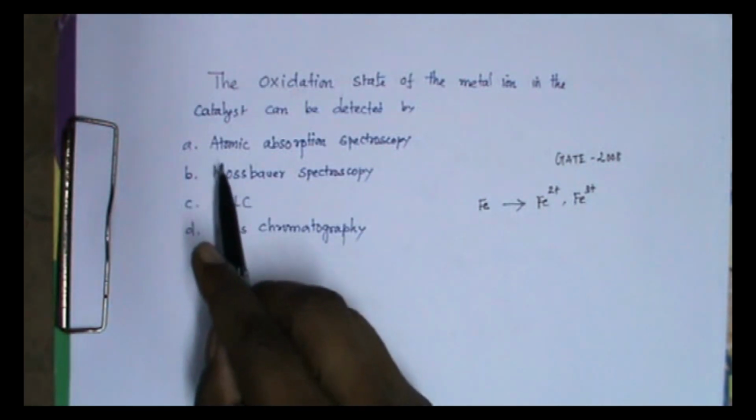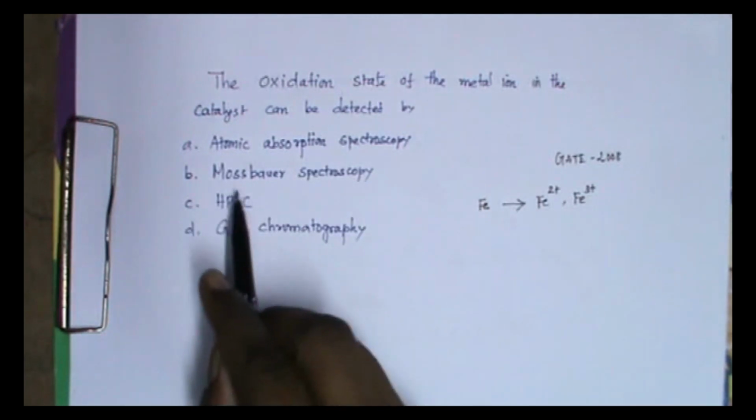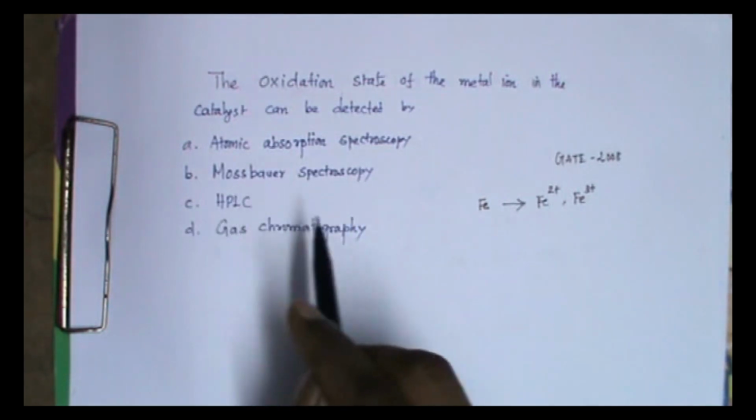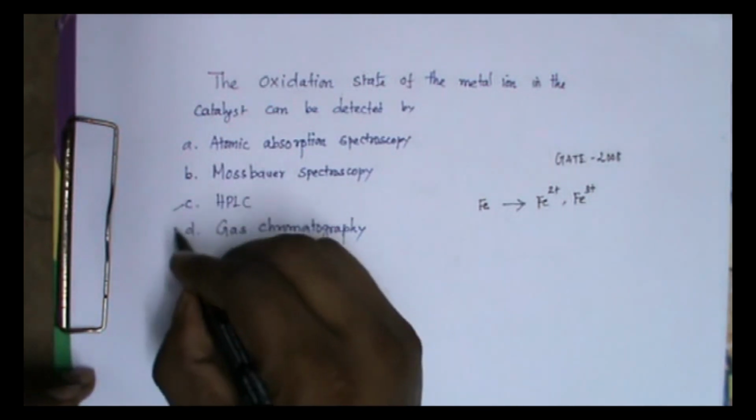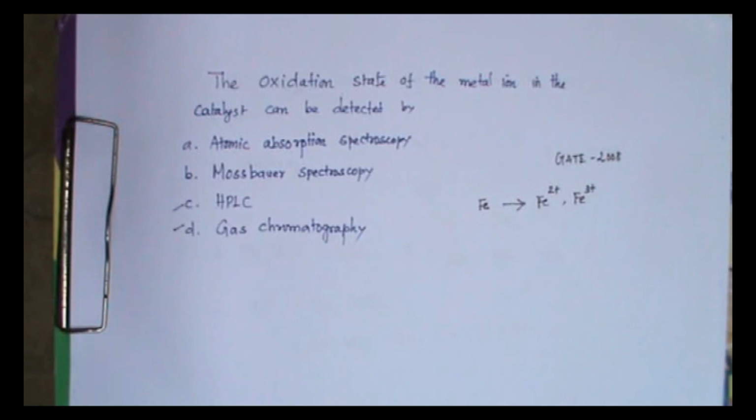The given options are atomic absorption spectroscopy, Mössbauer spectroscopy, HPLC, gas chromatography. As soon as you see these two, both are chromatography techniques, they cannot be used to find out the oxidation state. They can be used to separate the compounds.